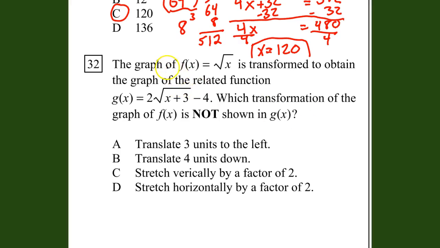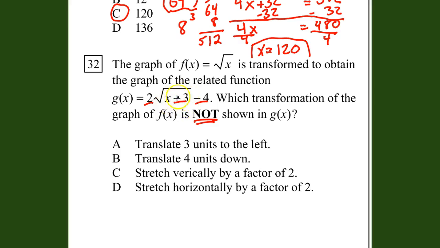Okay, so we're translating a little bit here, which is important to see. Looking at this graph, it's good to know what each of these values does. Starting with the translations, if it's on the inside, it's going to translate it to the left.